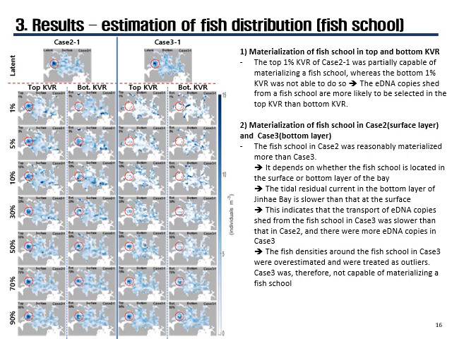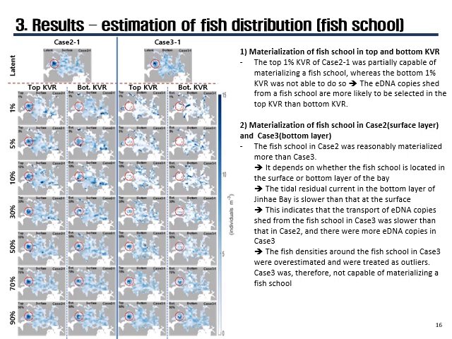In the materializing comparison between the cases, case 2 and case 3, the fish school in case 2 was reasonably materialized more than case 3. It depends on whether the fish school is located in the surface or bottom layer of the bay. And the tidal residual current in the bottom layer of Jinhae Bay is slower than that at the surface.